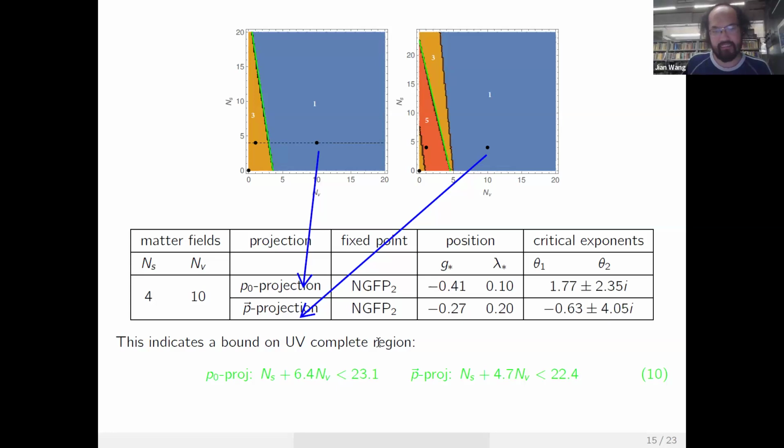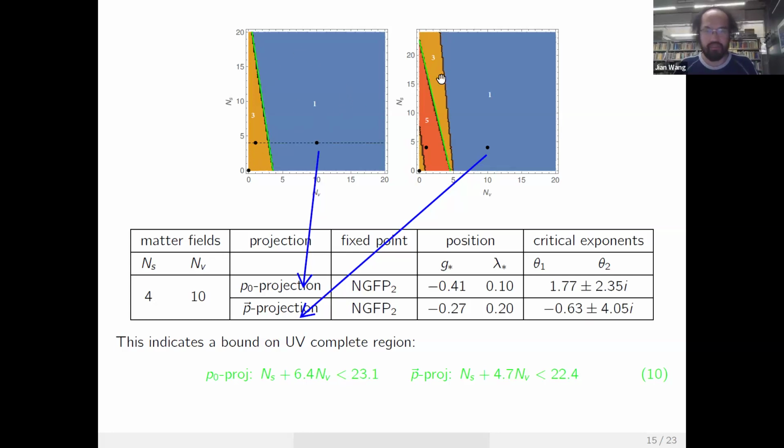So this means that there should be a bound on the UV complete region, which is given by the green lines. For the regions below the green lines, they always possess a physical fixed point, which is independent of the projection, so it could serve as the UV completion.